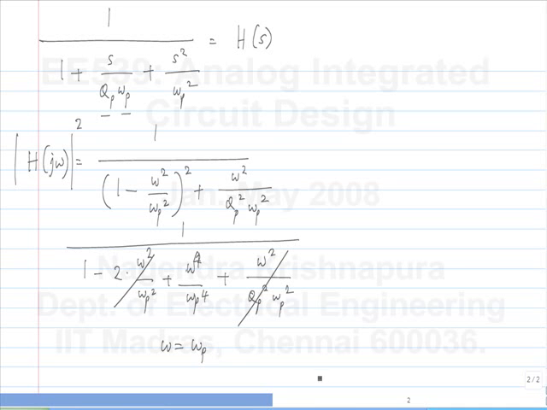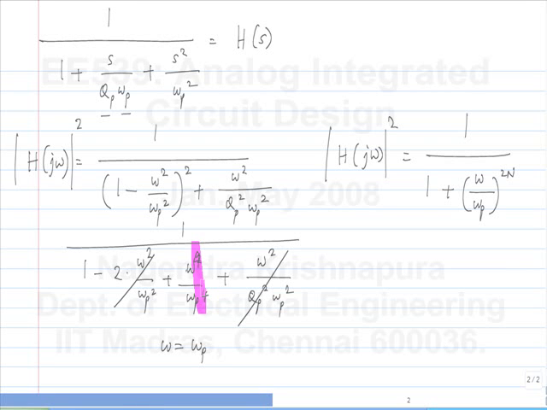Okay? So in general, this is some extra information, but the magnitude response of an nth order Butterworth filter will be of this form. Okay. So here we are talking about a second order response, so we get to the power 4, but in general, if you have an nth order response and you want to make it Butterworth, that is, you want to have no peaking at all, then this has to be the magnitude response.